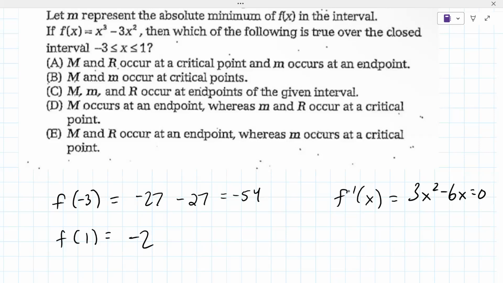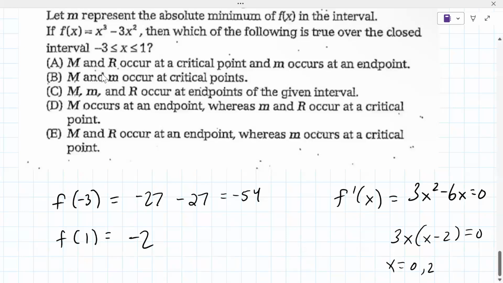You can factor out 3x from both, which will simplify it a little bit. Okay, so x equals 2 and 0.